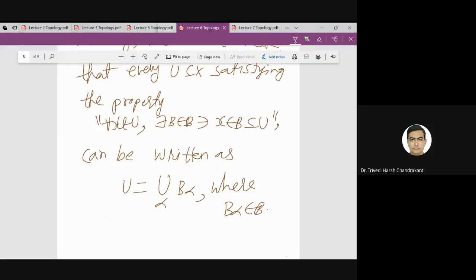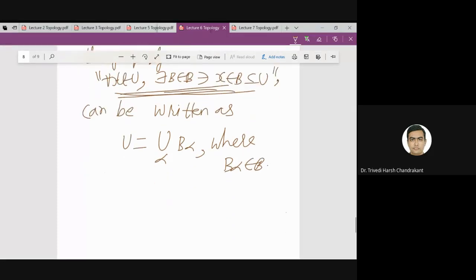For that, again we will use this property because we don't have any other information about this family. We know that this family satisfies this property only.